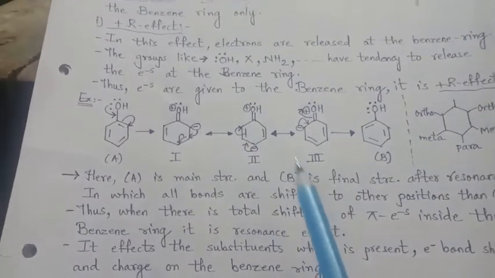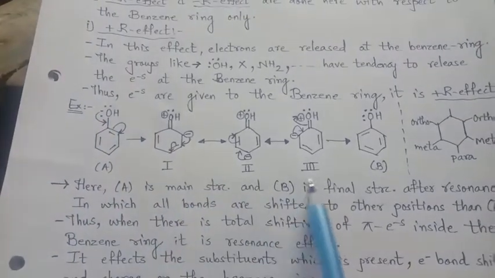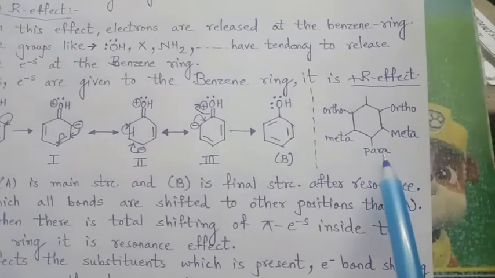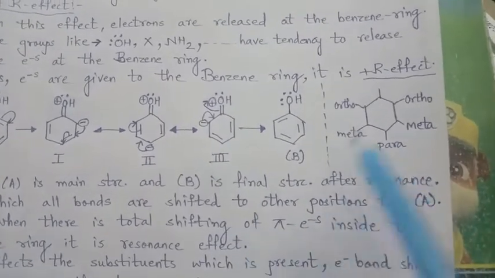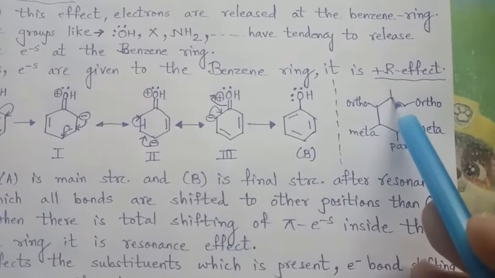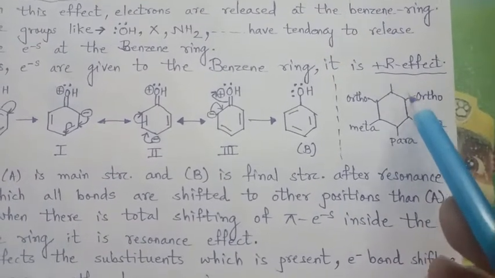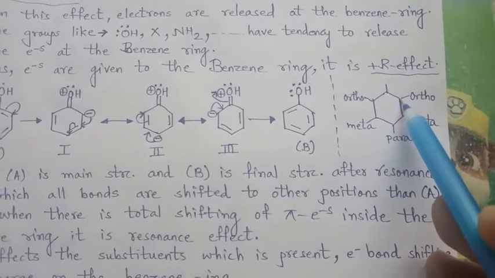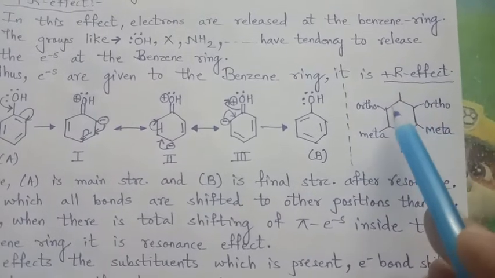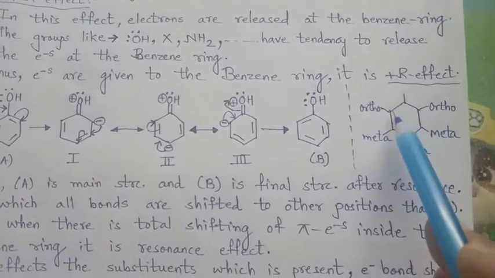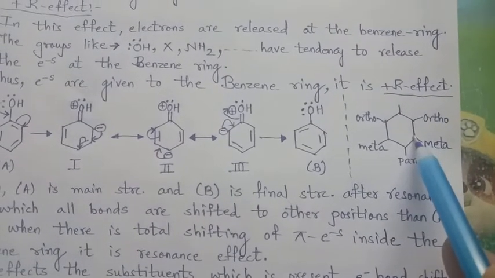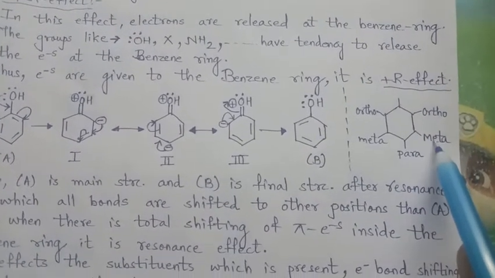Now, before we understand the complete resonance structure, let us again recall what the ortho, meta and para positions are. Suppose the substituent is attached here on this carbon. Then the very next position to it is ortho, either on this side or on this side. Both are very next, so this is an ortho position, and this is also an ortho position. If it is attached to the alternate carbon, then it is a meta position.